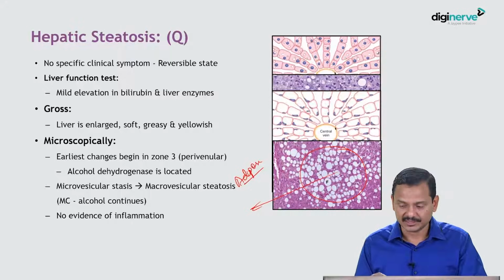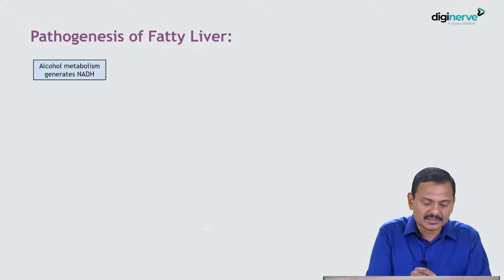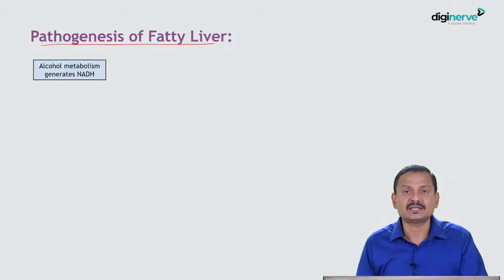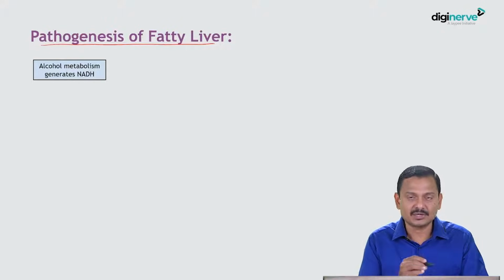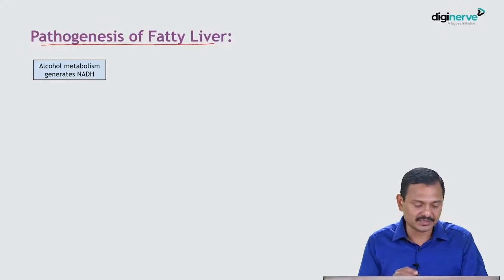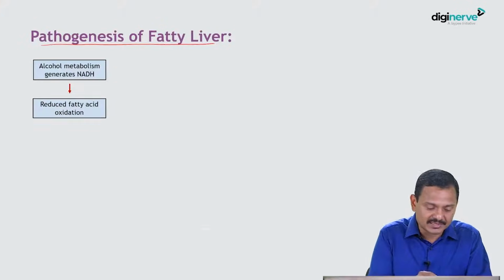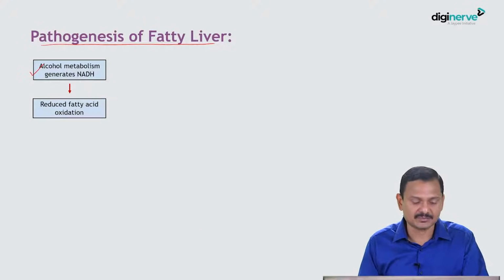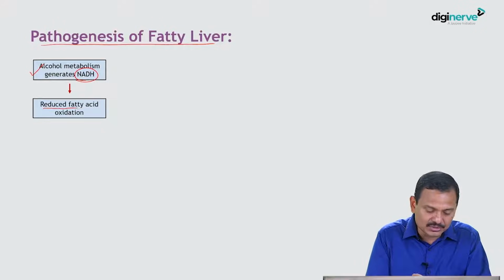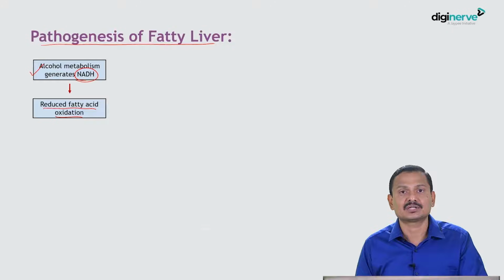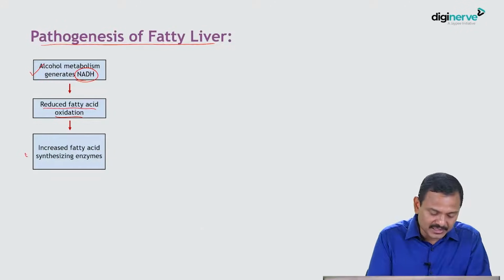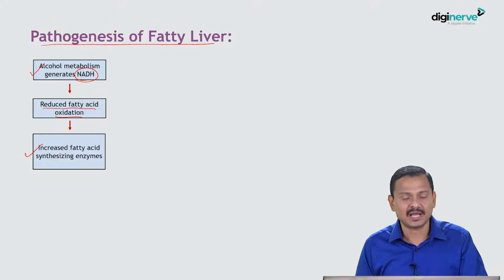Now what is the pathogenesis of fatty liver? It is similar to what we have discussed in alcoholic liver disease, but just to fix it in your memory, we will revise again. So alcohol metabolism generates NADH, and there is reduced fatty acid oxidation. Increased fatty acid synthesizing enzymes are also there.